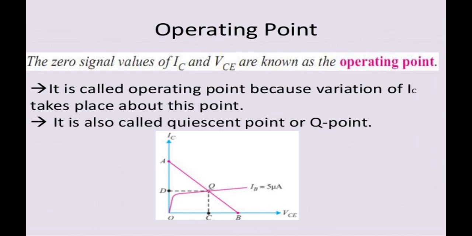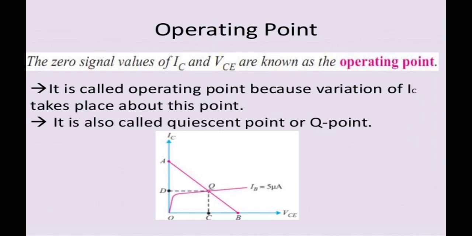So the operating point at the zero signal value, the IC and VCE are known as the operating point. It is called the operating point because the variation of IC takes place about this point.